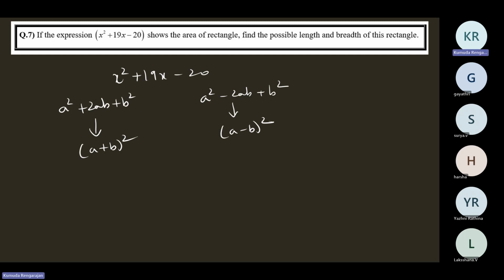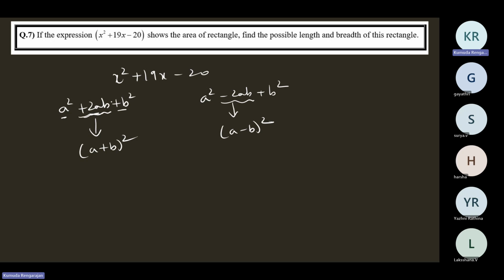A trinomial, meaning an expression which has 3 terms, may be a perfect square if the 3 terms are of this form: a square plus 2ab plus b square. See, it's plus everywhere. Or it is a square plus b square minus 2ab. So you see that the middle term can be plus 2ab or minus 2ab.